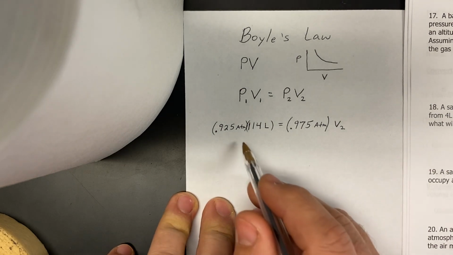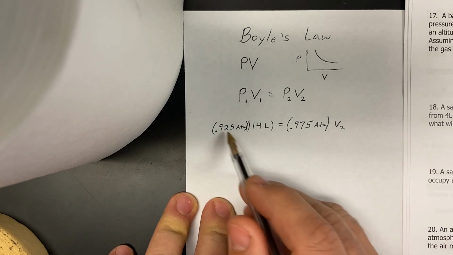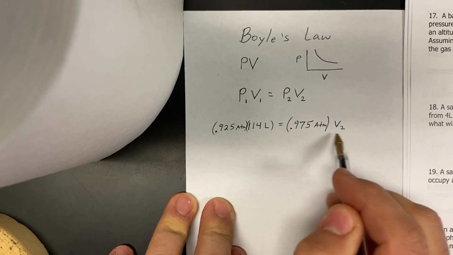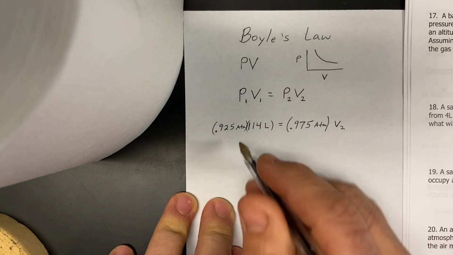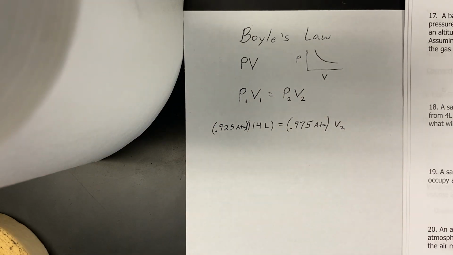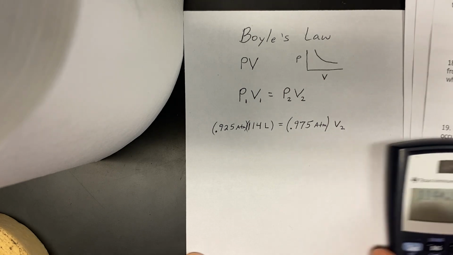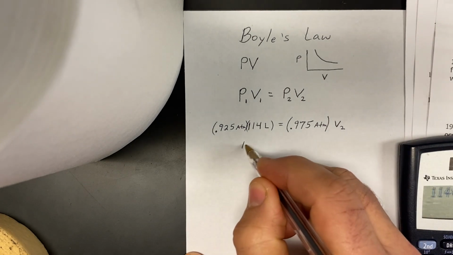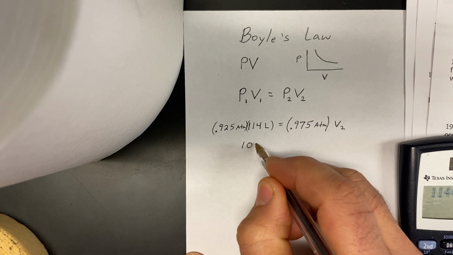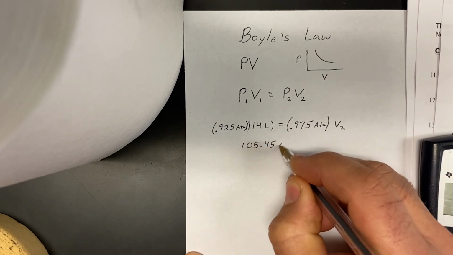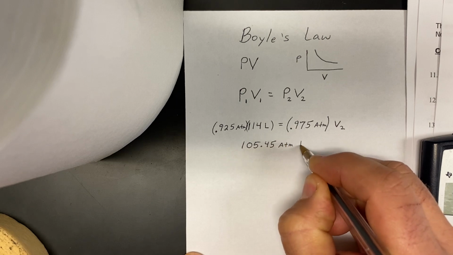So essentially, you got the product here divided by this atmospheric pressure. So 0.925 times 114. 114 times 0.925 equals 105.45 atmosphere liters.